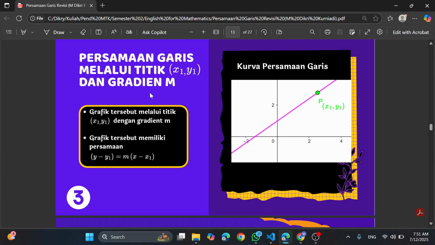Point 3. The equation of a line passing through the point x1, y1 with gradient m.